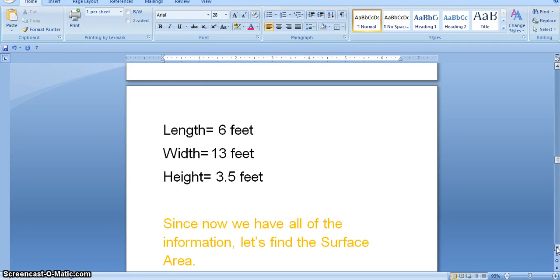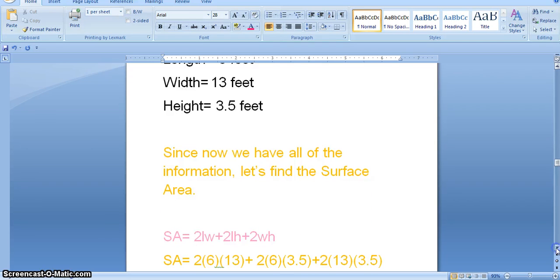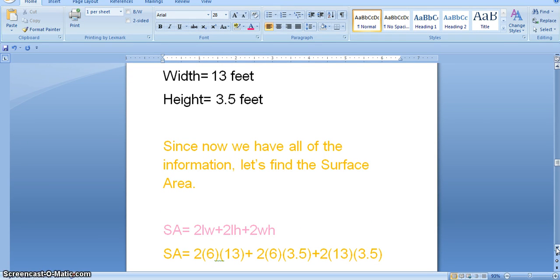Since now we have all the information, let's find the surface area. Surface area equals 2 times length times width plus 2 times length times height plus 2 times width times height. So the surface area is 2 times 6 times 13, because 6 is the length and the width is 13, plus 2 times 6 times 3.5, plus 2 times 13 times 3.5.